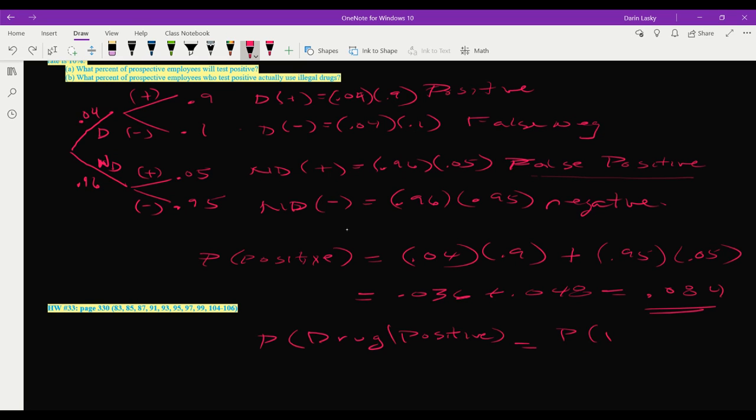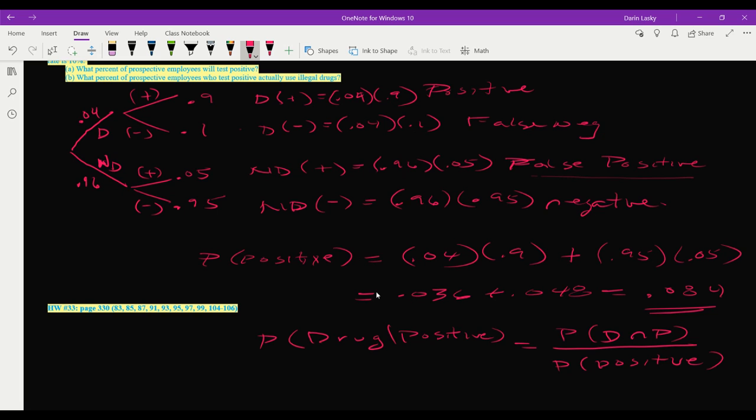They took the drug and they tested positive over the probability that they tested positive.